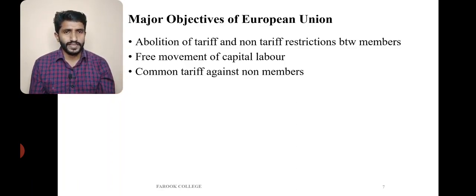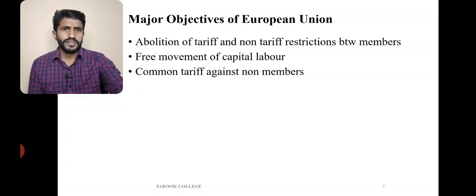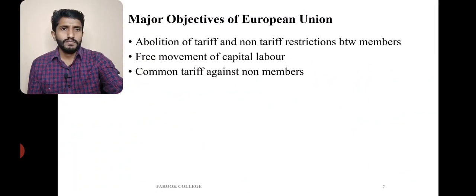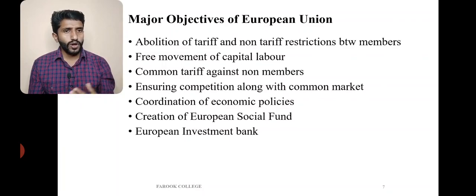The major objectives were abolition of tariff and non-tariff restrictions between the members, free movement of capital and labor, and a common tariff against non-members, just the objectives of an economic union. All these objectives they have met.